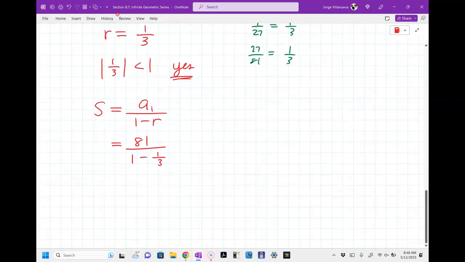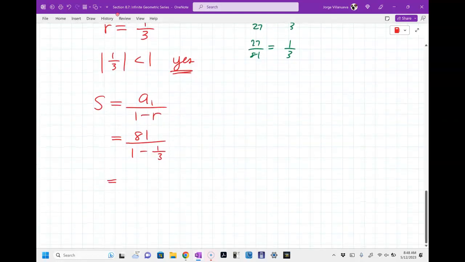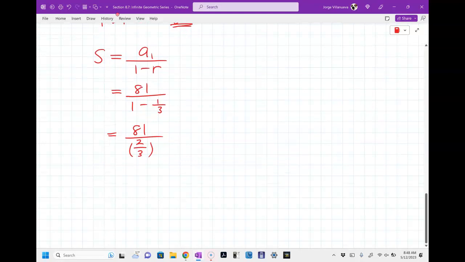Again, use your calculator so you don't have to do what I'm about to do. So this is 81 over 2/3, because 1 minus 1/3 is 2/3. You're going to multiply 81 times 3/2, right? We got to flip the fraction. Okay.